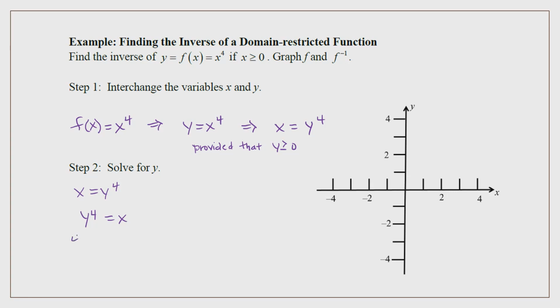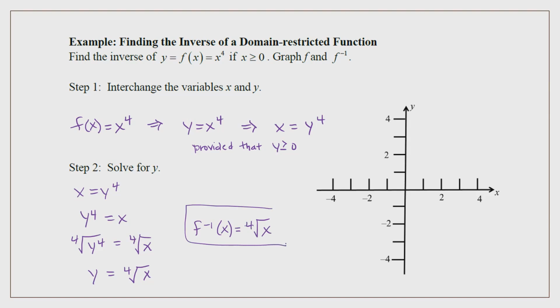So I'm going to take the fourth root to get rid of my power, and I will have y equals the fourth root of x. So my inverse function of f equals the fourth root of x.